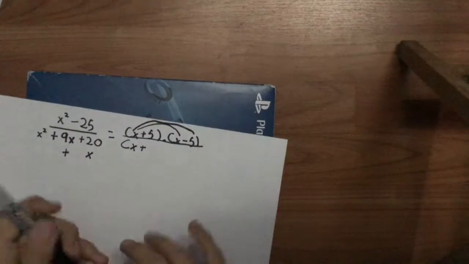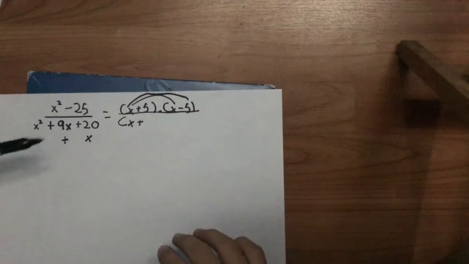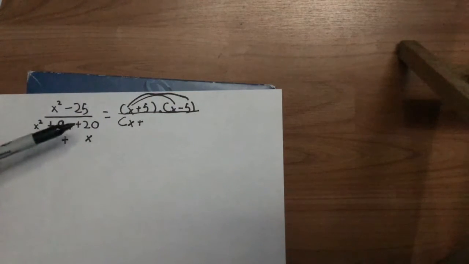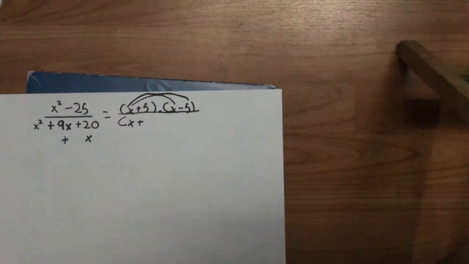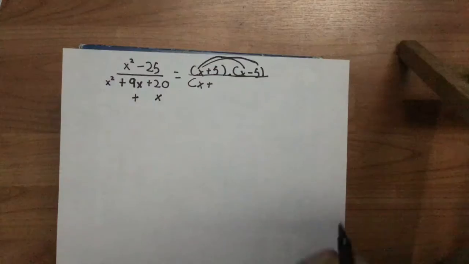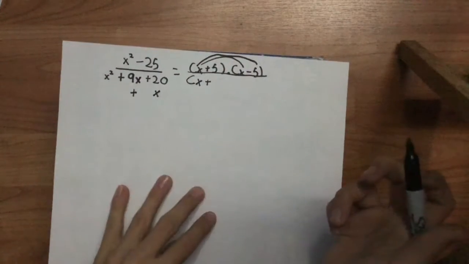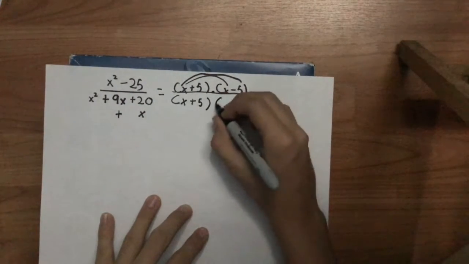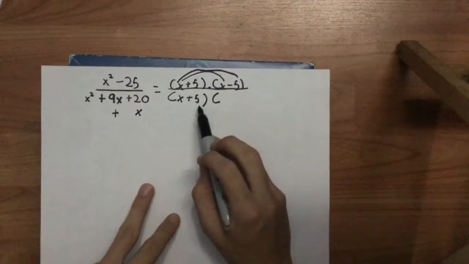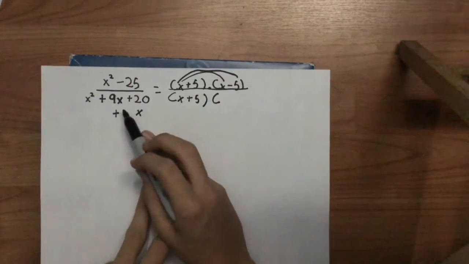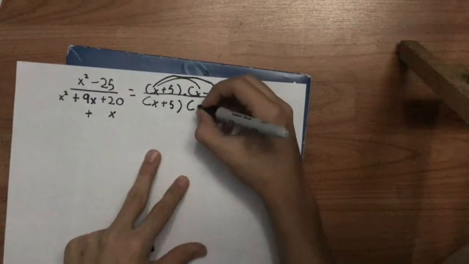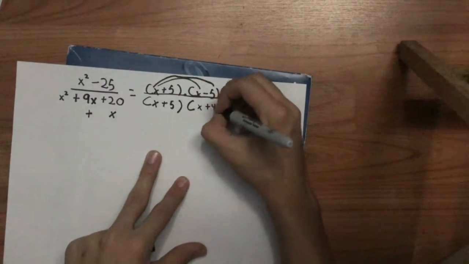So we need to think of two numbers that, by adding them up, give you 9, and by multiplying them give you 20. So let me guess, like a 5. So 5 plus what gives you 9? You use 9 minus 5, which gives you 4. So what you're going to do next is write down here 4.